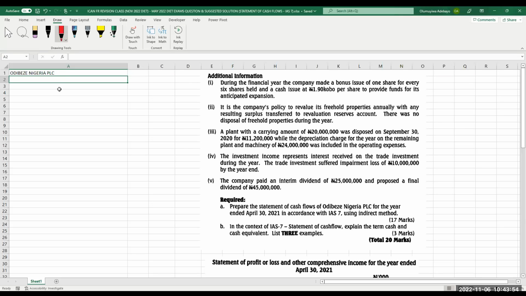Okay. We have to prepare the statement of cash flow for the year ended 30th April 2021. Okay, let's take note of that.